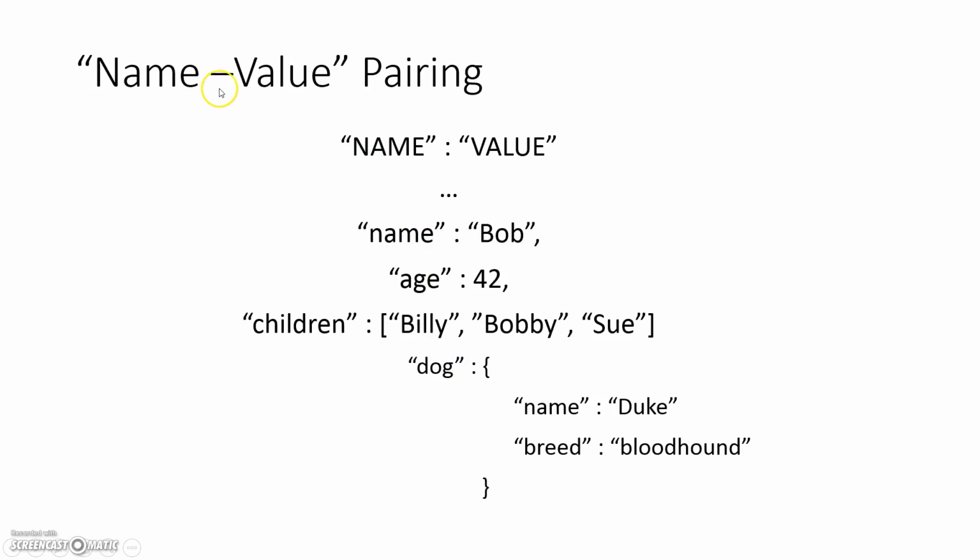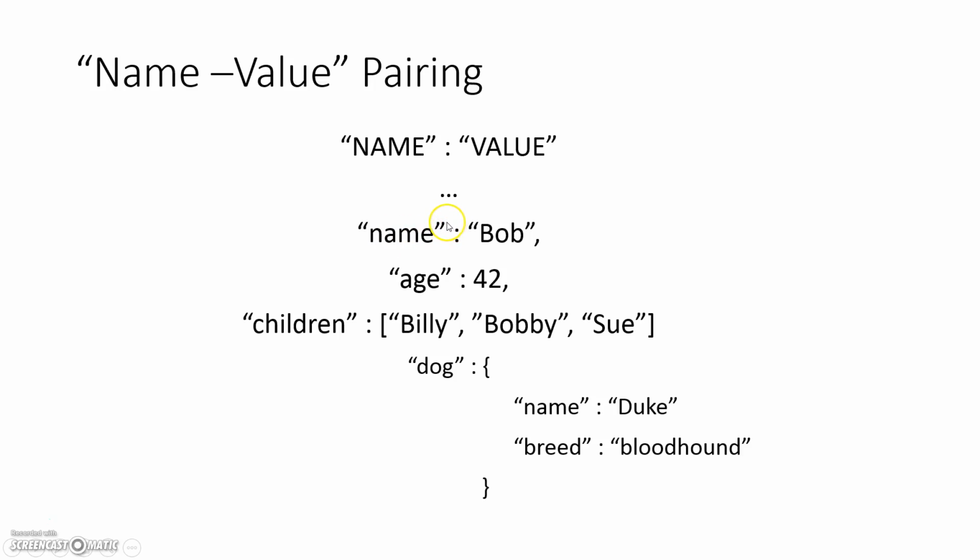So name-value pairing, this is the core, the crux of JSON here. When you look in a JSON file, you'll see lots of lines that look something like this. You'll have a name on one side, in quotes, and then a colon, and then a value on the other side. So some examples of what we could have in these name-value pairs is if, say we were creating a person named Bob.